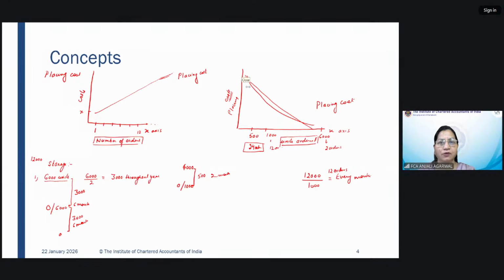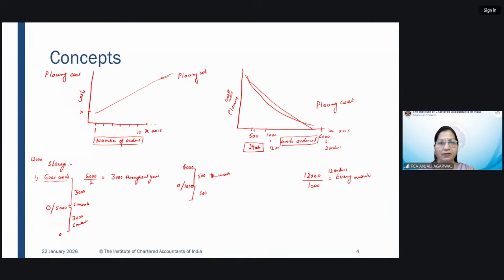Higher the number of orders, the higher will be the ordering cost, right? So if you are placing orders of 1,000 units, that means you are going to place 12 orders, which means you are going to place orders every month. So every month, your average would be 500 units. So in first month, second month, and so on. So indirectly, throughout the year, you will be having 500 units.